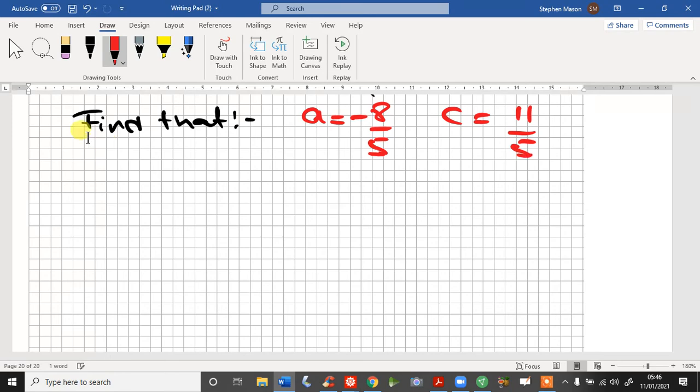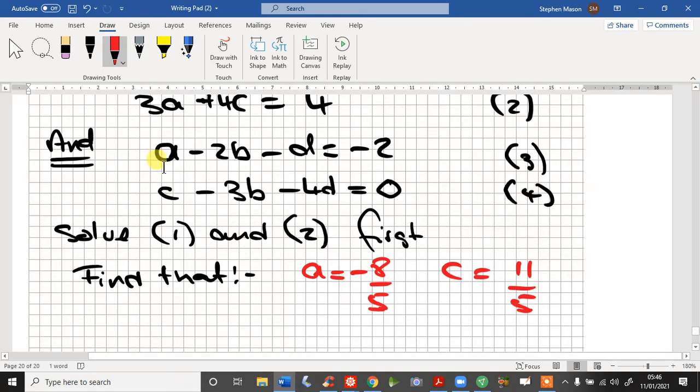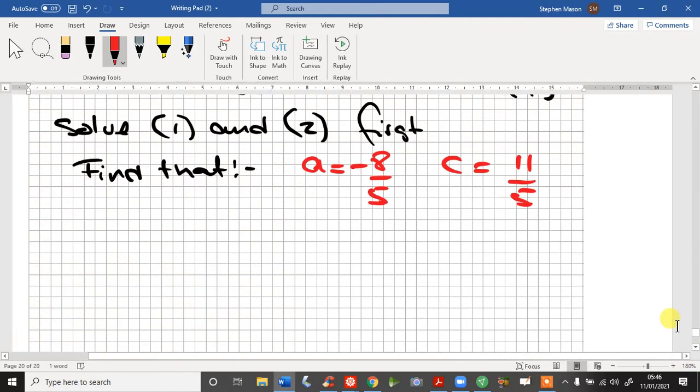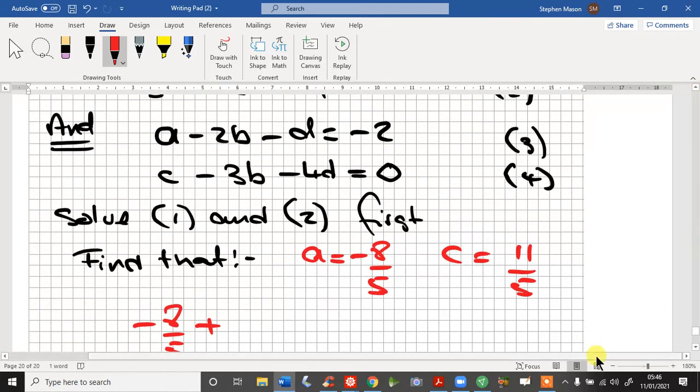Now what we do is we substitute A equals minus 8 over 5 into that, and C equals 11 over 5 into that. So what do we get? Well, we get minus 8 over 5, and I've forgotten the equation, it's minus 2b, isn't it?